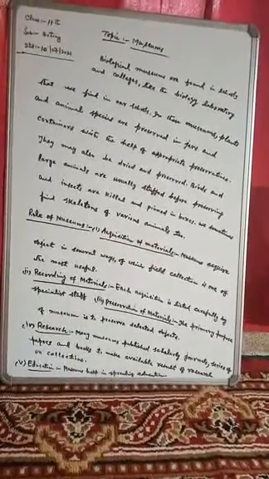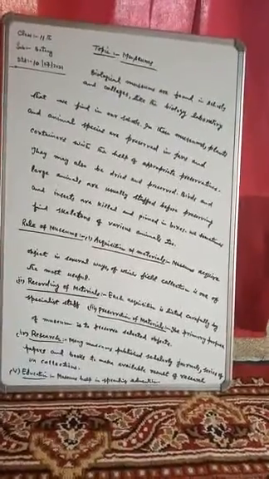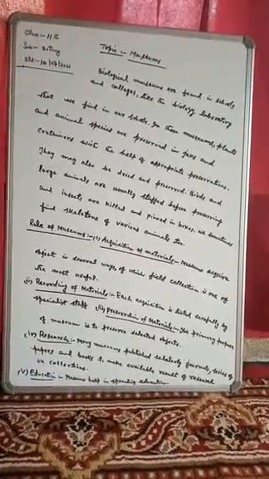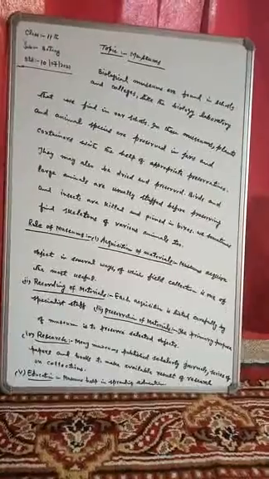They may also be dried and preserved. When we keep animal or plant species in jars or containers, they can first be dried and then preserved by appropriate preservatives.